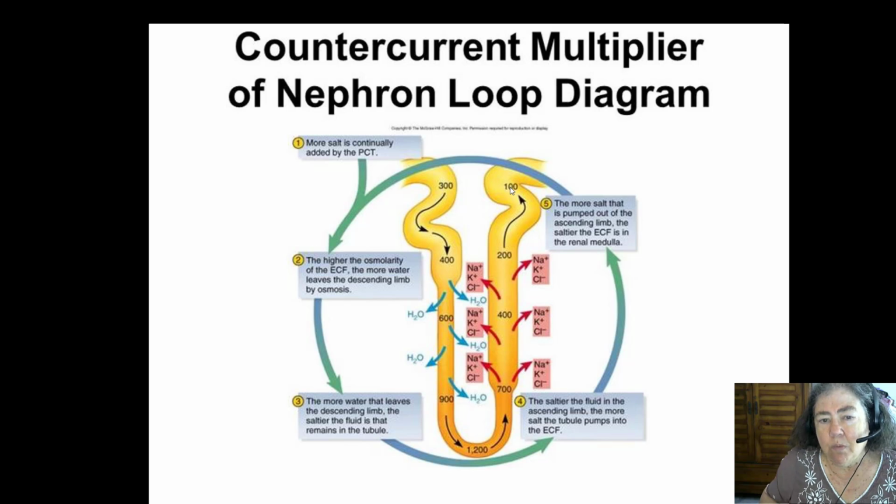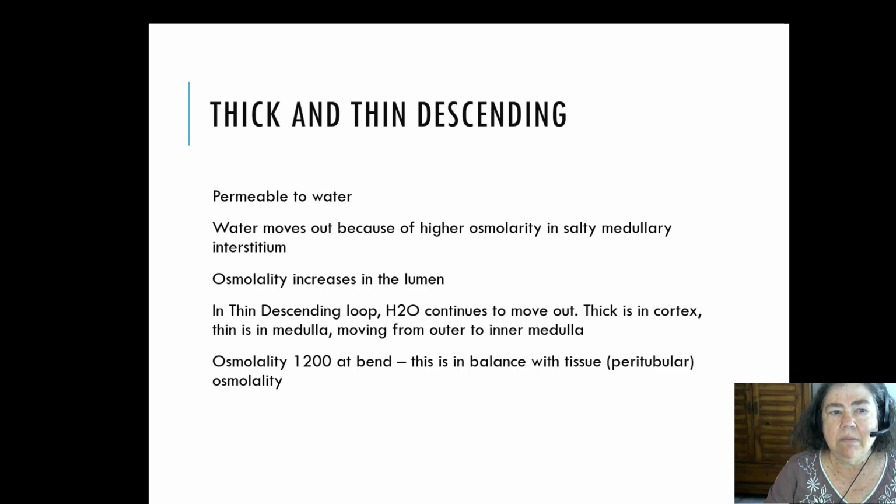And we actually now have fluid that has a lower osmolarity than plasma and extracellular fluid. And here it enters the next step along the way, which is the distal convoluted tubule. But I want to talk about some other things before we get there.